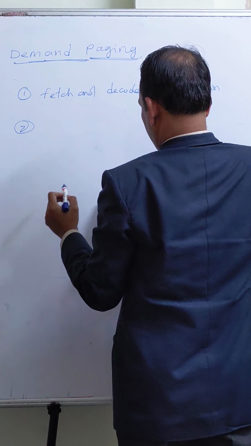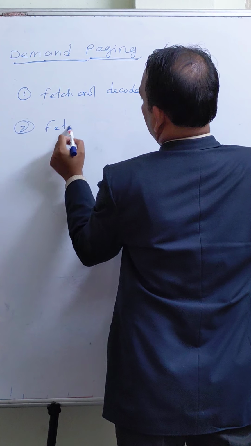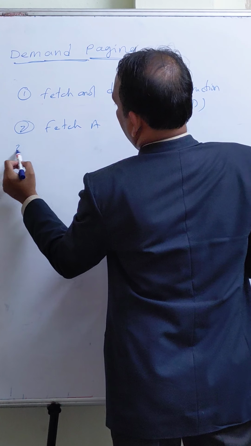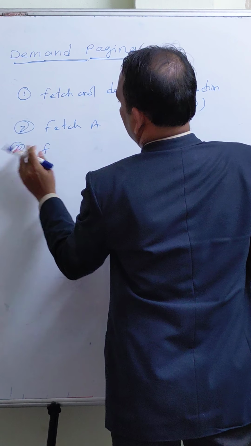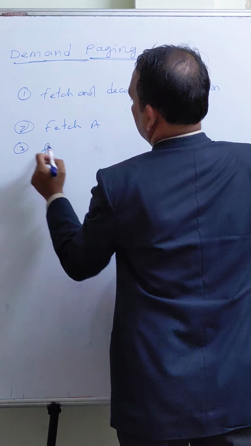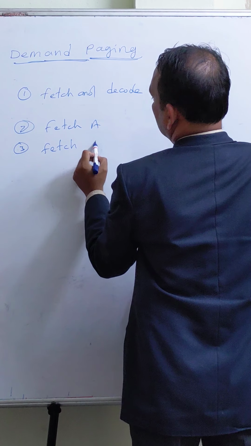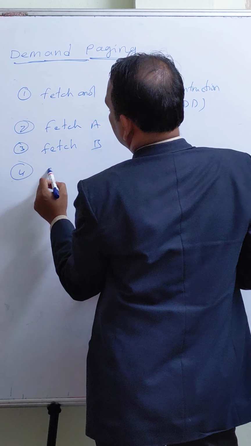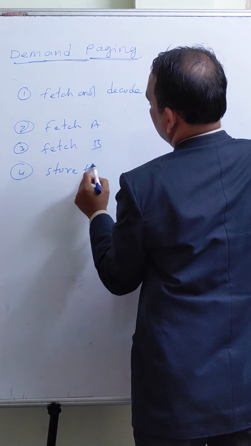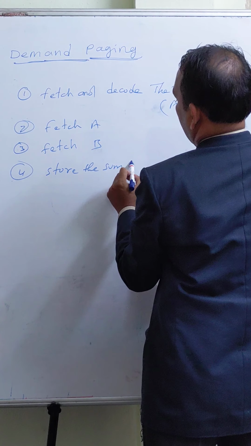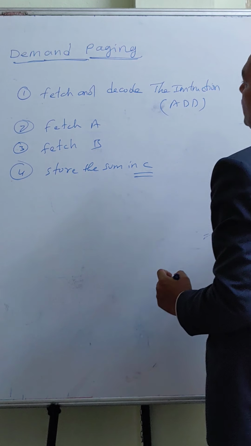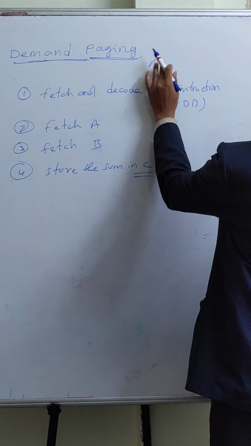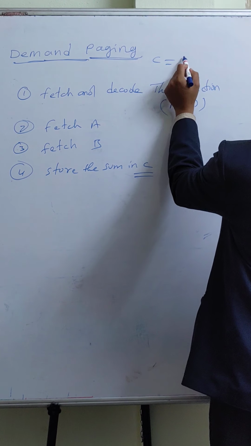Number 2, fetch operand A. Number 3, fetch operand B. Number 4, store the sum in C. What we are doing is C equals A plus B.